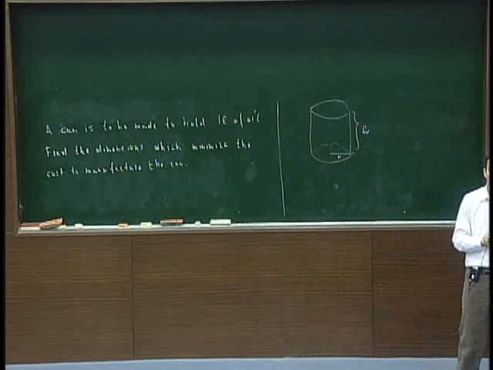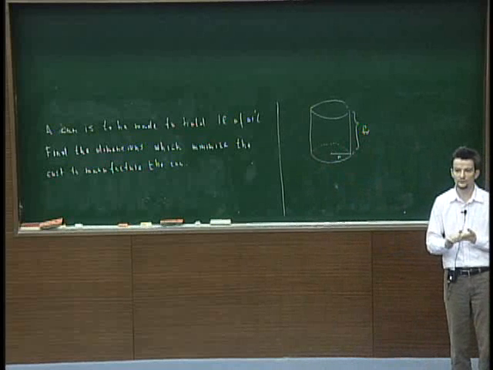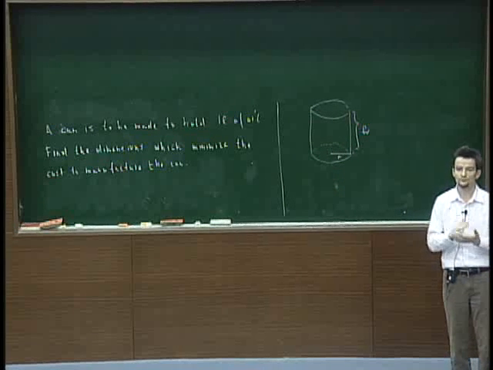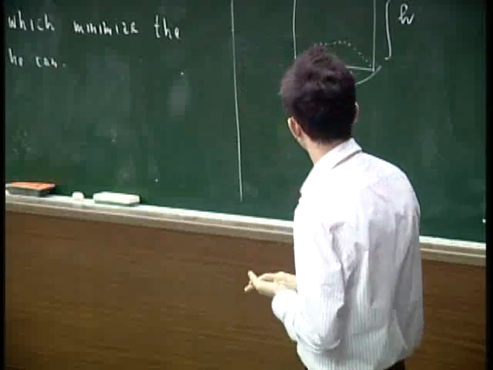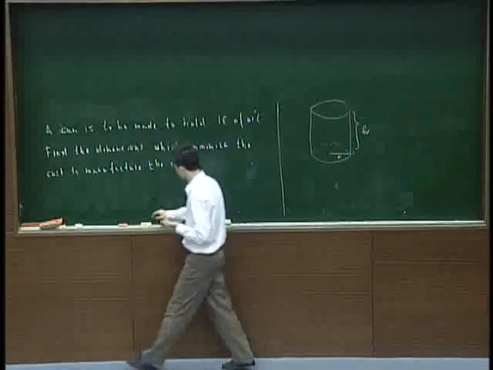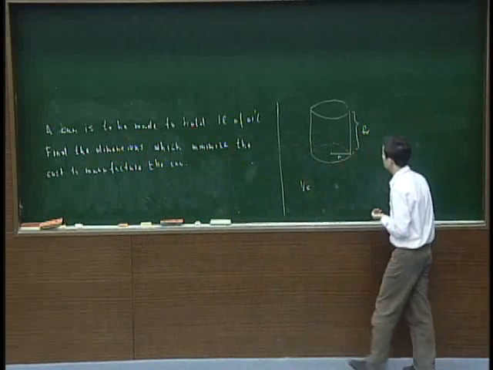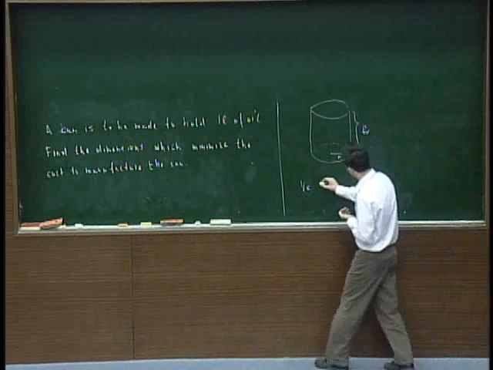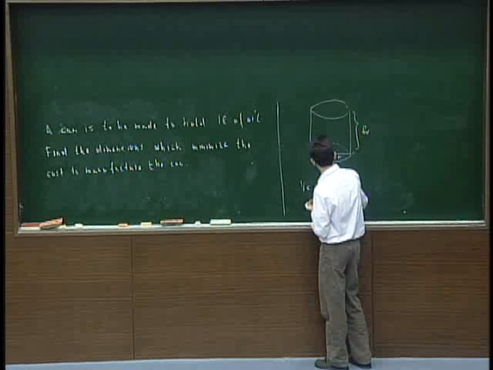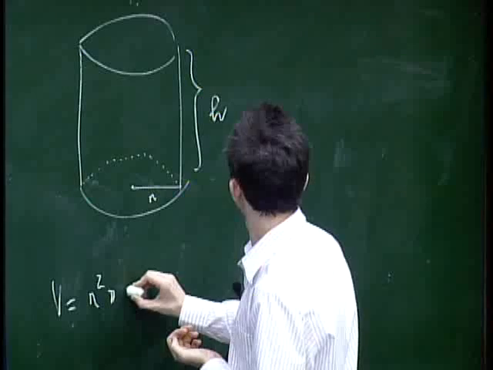But if we compute the derivative and equate it to 0 and get more solutions, we still have to discuss which one of those solutions is the absolute minimum. So in this case, the volume is given. The volume here is r squared times pi times h.